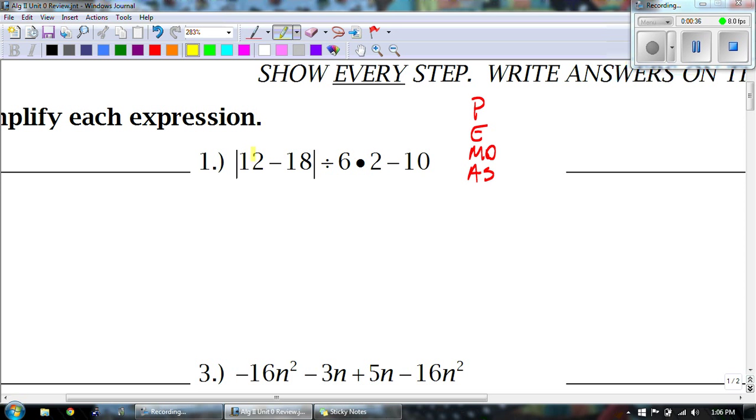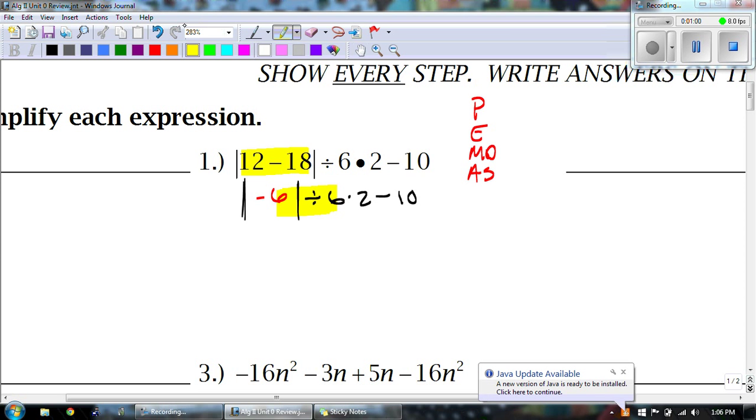All right, let's get started. So I'm going to go inside the absolute values. That's where I have to start. And the absolute value of, well, 12 minus 18, I got to go inside first, is -6. Okay, so everything else stays the same. I can't multiply because left to right division comes first, and before I can divide, I got to figure out what that is.